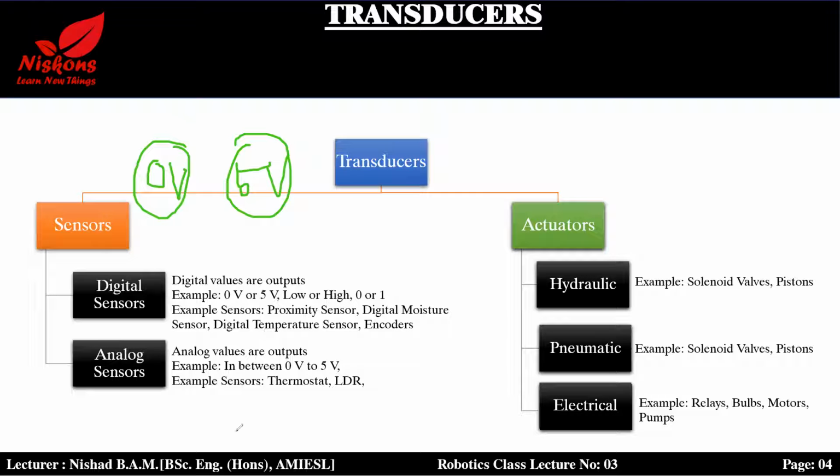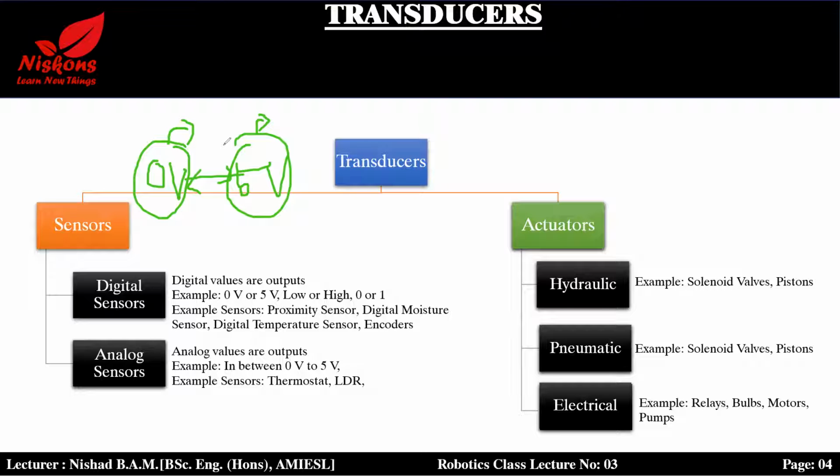So on the other hand, we have analog sensors. Analog sensors means we can get whatever the value, either 0 voltage, or 5 voltage, or anything in between these voltages. So that is called analog sensors, right? So that means we can sense the level of the smell.